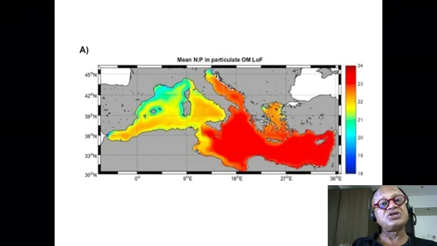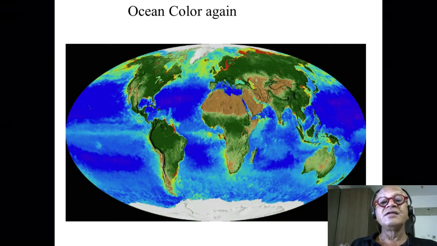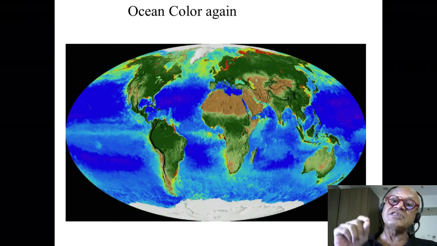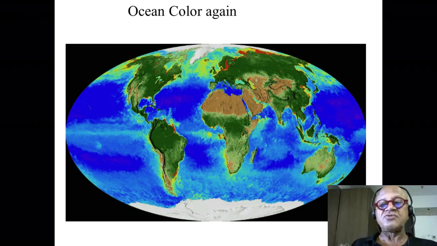The ratio changes if you change the N to P ratio, but here there are various reasons of how phosphorus is used and so on, that the ratio decreases towards the expected value of 16 as you come towards the entrance to the Atlantic Ocean. So the point is that the Redfield ratio is not always constant, but when it deviates from the standard, then you have to understand why it deviates in that particular region.